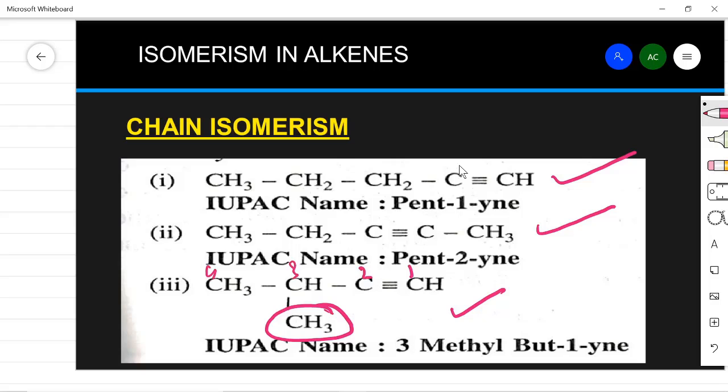First of all we see the position of this alkyl group. It is on number 3, so 3-methyl and then but-1-yne, because on 1 it is the triple bond. So 3-methylbut-1-yne is the name. Otherwise the molecular formula remains the same, that is 5 carbons only are present.